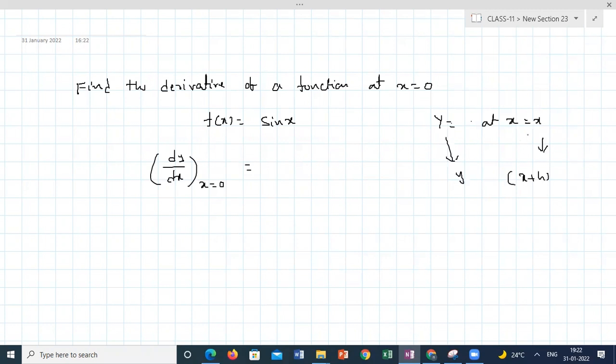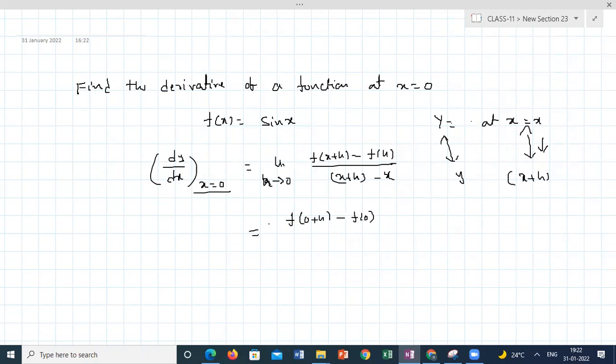This difference divided by the difference in x is, limit h tends to 0 of f of x plus h minus f of x divided by h. So your x is 0. F of 0 plus h minus f of 0 by h, limit h tends to 0.